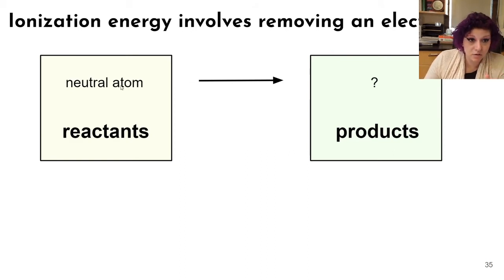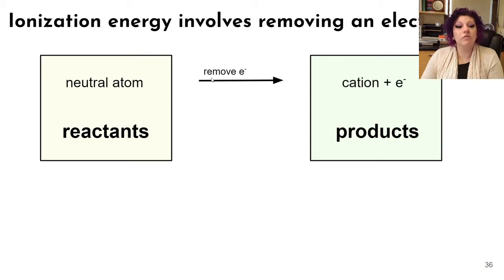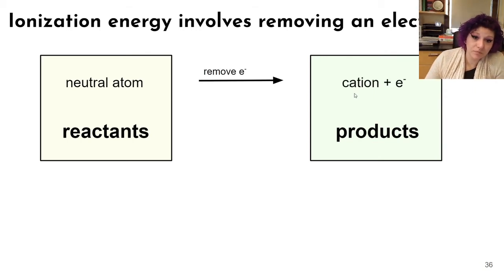So you take a neutral atom, you remove an electron. What does the neutral atom that has lost an electron turn into? Is it more positively charged or negatively charged? If we remove an electron, that neutral atom now becomes a cation, an overall positively charged atom. But our other product is actually an electron.